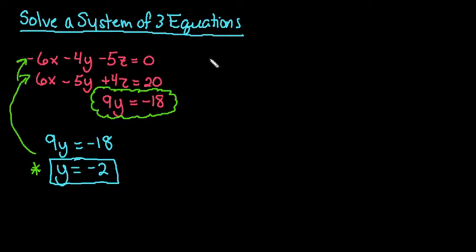When I do that, I'm left with negative 6x minus 4 times negative 2 minus 5z equals 0. All I did was replace the y with what it was equal to, negative 2. We're going to simplify this to where we have x and z on one side and our constant term on the other.